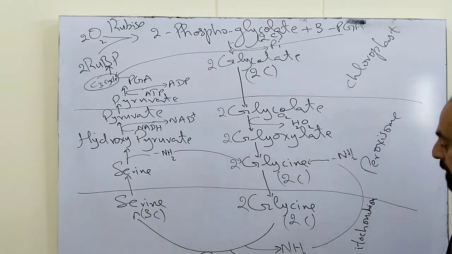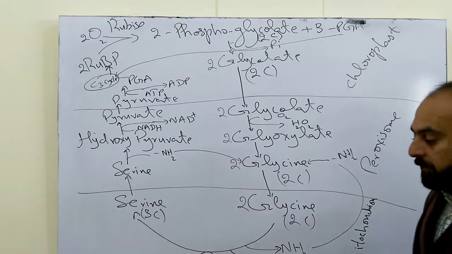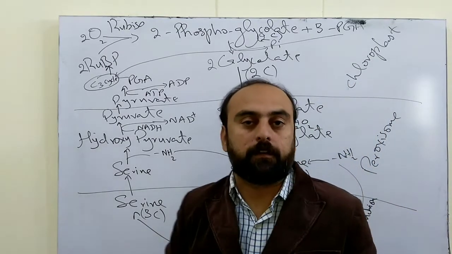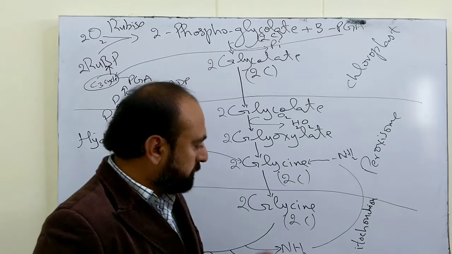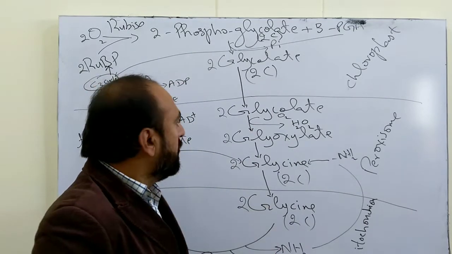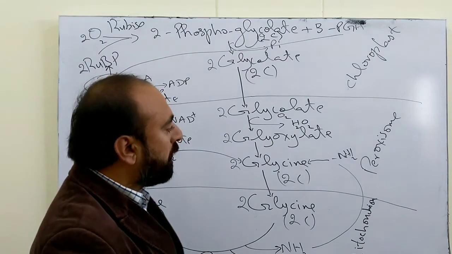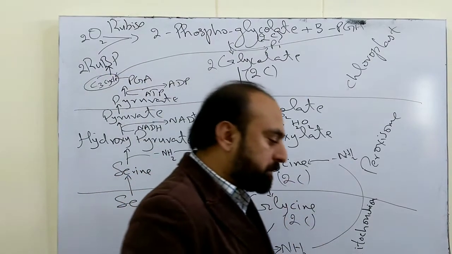This also becomes toxic if it is not reassimilated. So in this way, this process of photorespiration is linked to photosynthesis, as it is regenerating RuBP, and also to nitrogen metabolism.